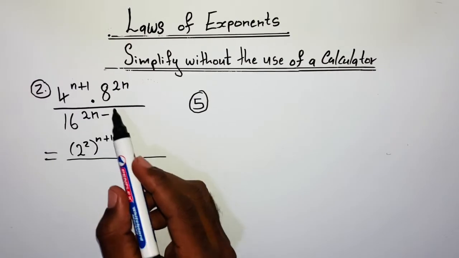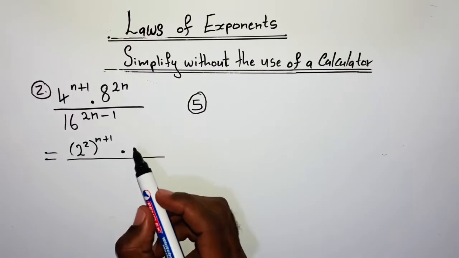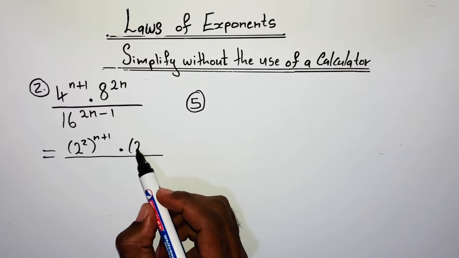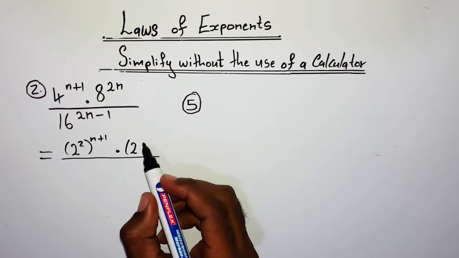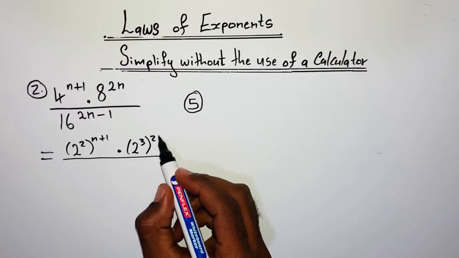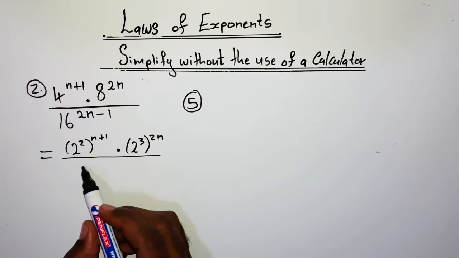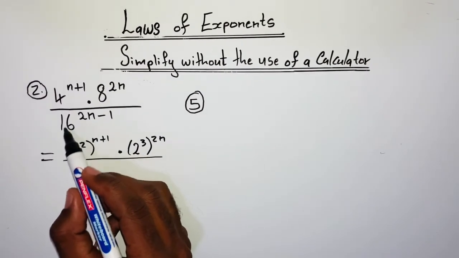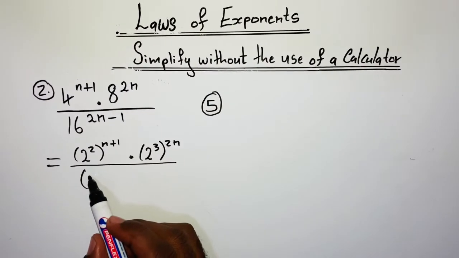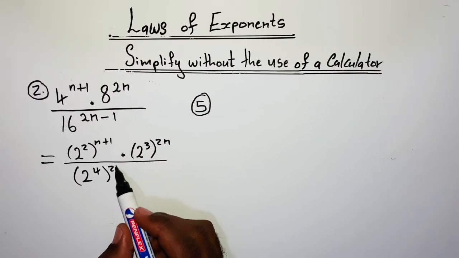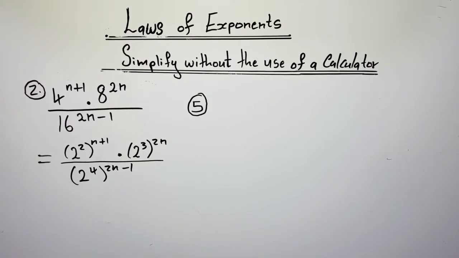We go on to our 8, which you can write as 2 to the 3, to the 2n. Underneath, we go on to our 16, which is 2 to the 4, to the 2n minus 1.